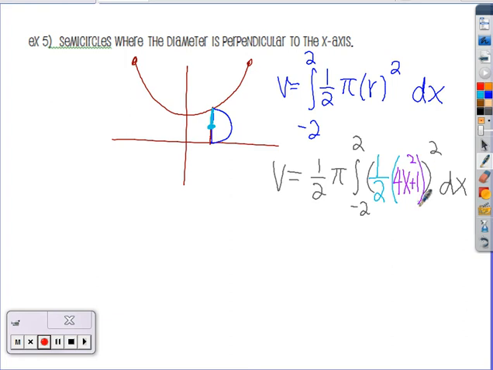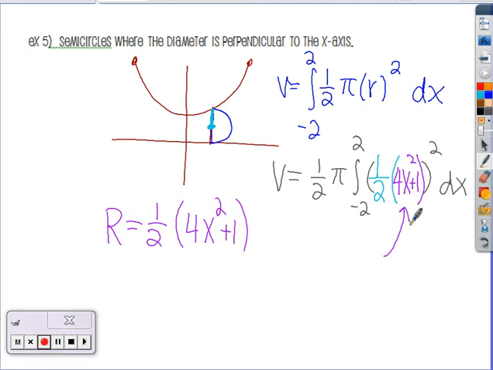That's the radius. 1/2 the height, and the height was 4x squared plus 1. That's what's in here. All right. Make sure you understand this is because it's a semicircle. This radius is why there's a half sitting there. Okay? And this right here is the whole diameter.